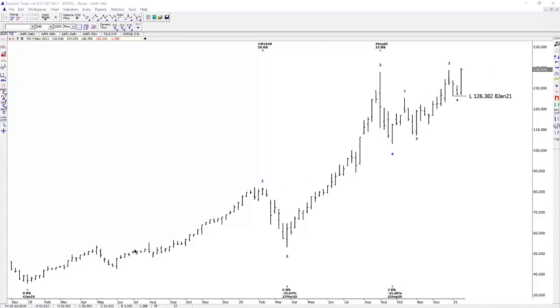So is this the final section up of a higher time frame 5-wave trend from the 2019 low? Well, we're not going to make that judgment at this time. We are going to recognize that we are in a 5th section up, and that the final section to a new high should subdivide into an impulsive 5-wave trend, and the wave 5 of 5 should subdivide into a 5-wave trend itself.